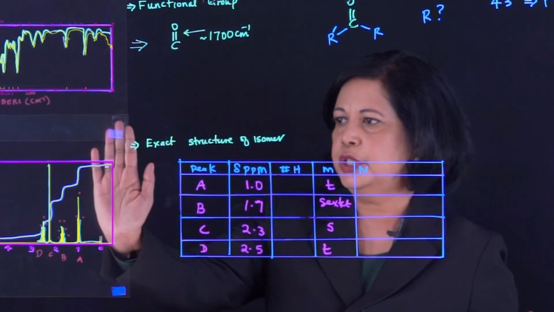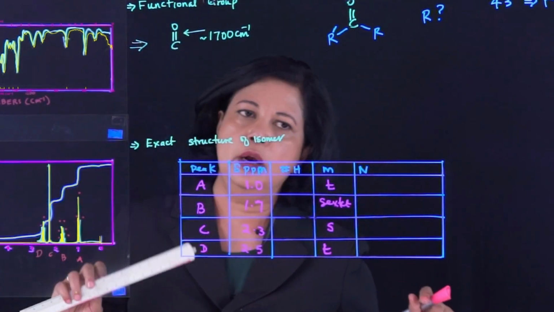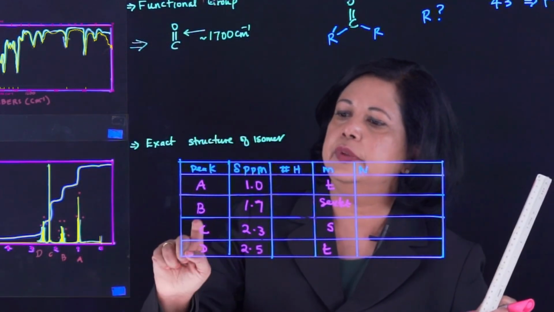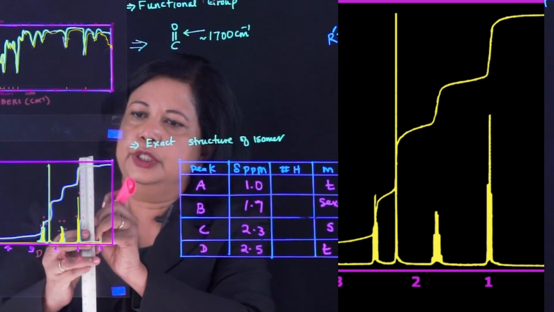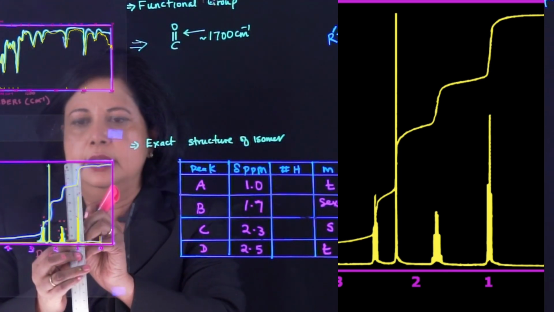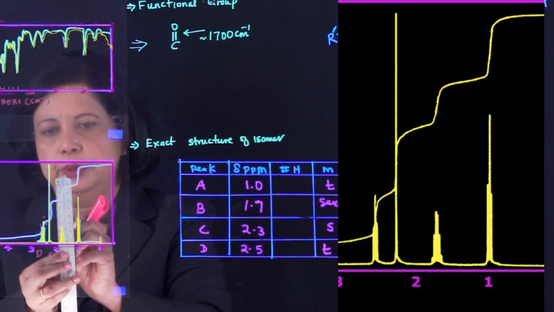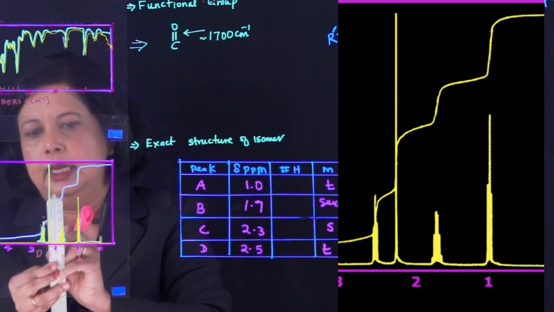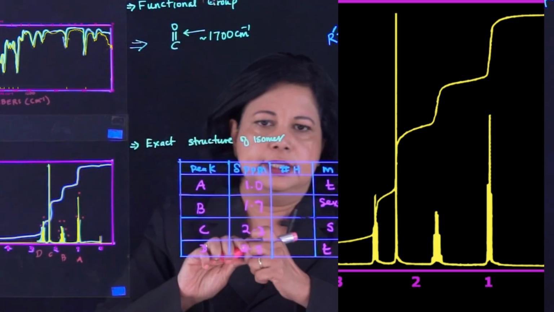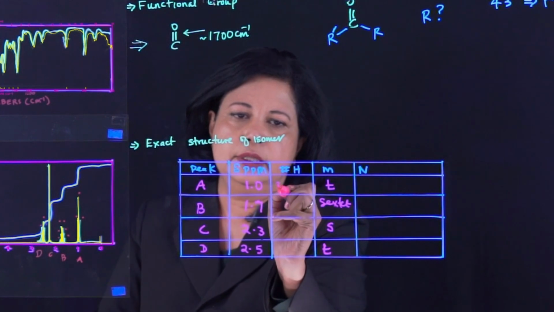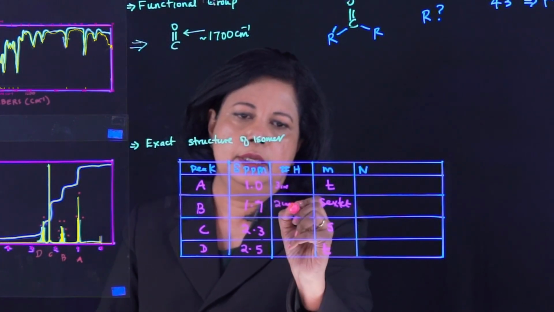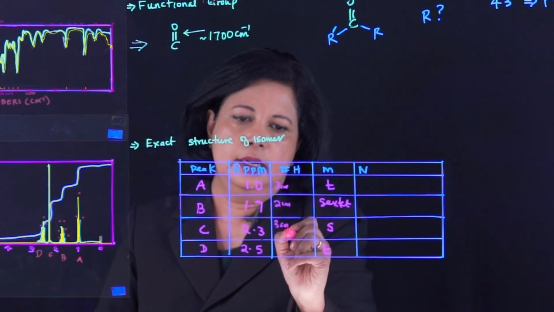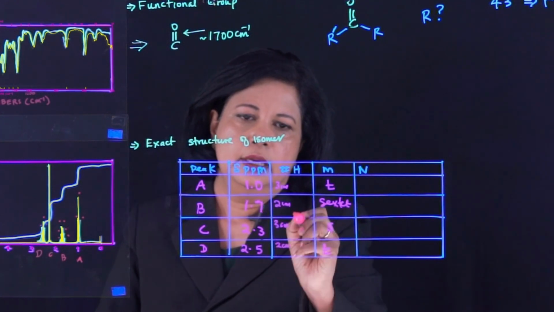Let's look at the hydrogen ratios here. Let's see how many hydrogens are on each of these groups or carbons. This is going to be 3 centimeters, this is going to be 2, this is 3 and 2. That's perfect.